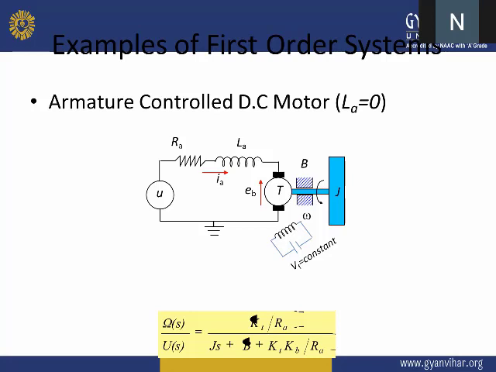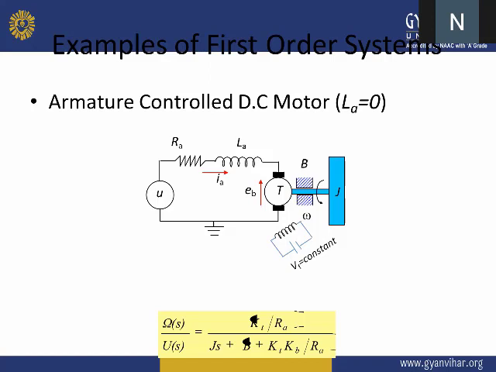So basically we are controlling the speed with respect to the input control of the armature current. How is the armature current controlled? From this generator, by controlling the IA.